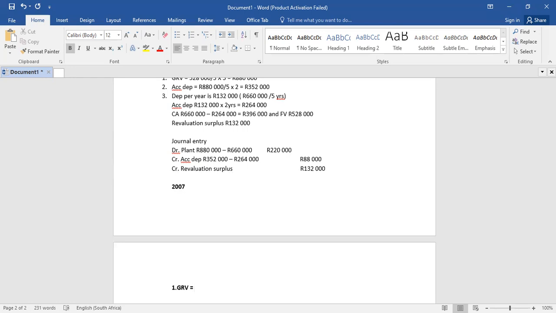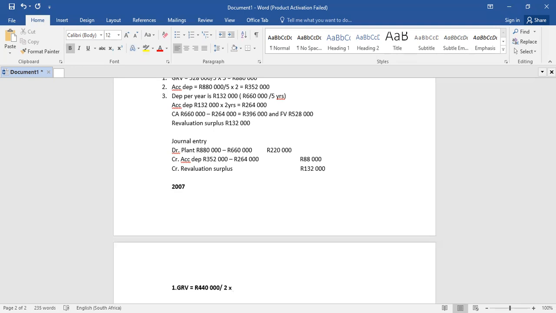In 20x7 what fair value do we have? 440,000. How many years are remaining in 20x7? The asset would say 2004, 2005, 2006. Three years have passed; the total useful life is 5 years, so the remaining years are 2 years.